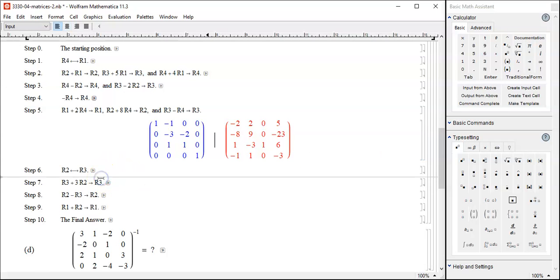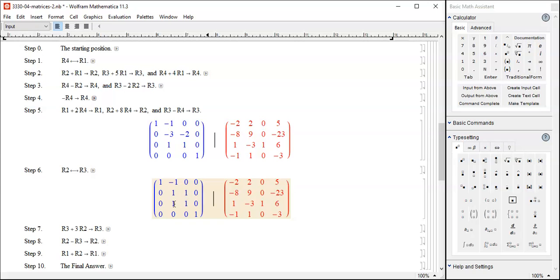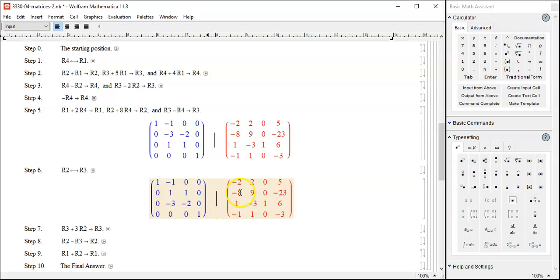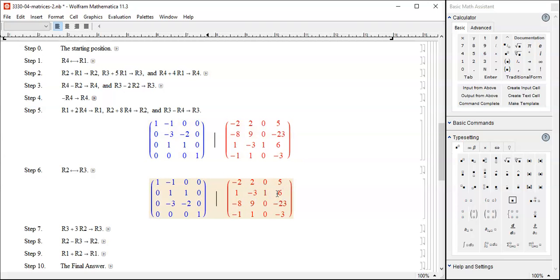Copy and paste. Okay, switch R2 and R3, so this becomes 1, 1, and they become negative 3, negative 2. But here I'm going to need some copy and pasting. This one comes down like this, and then third row goes up to the second row.